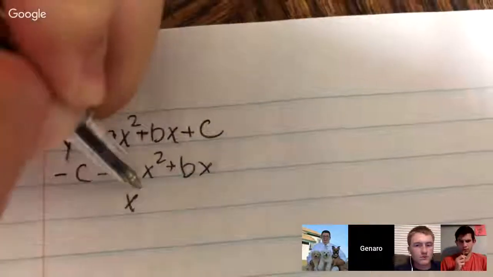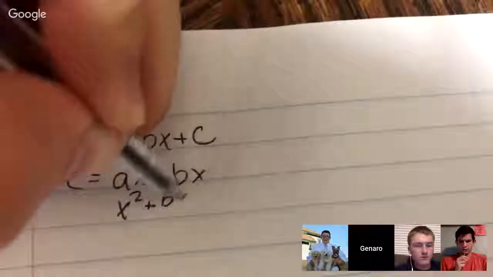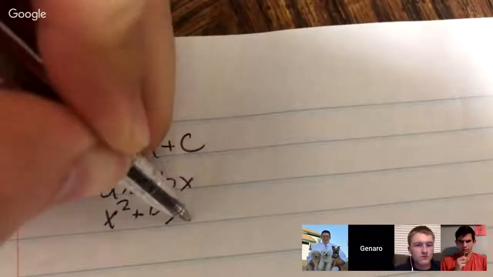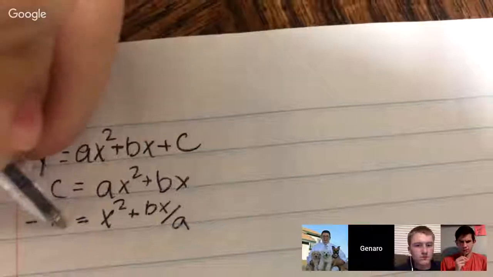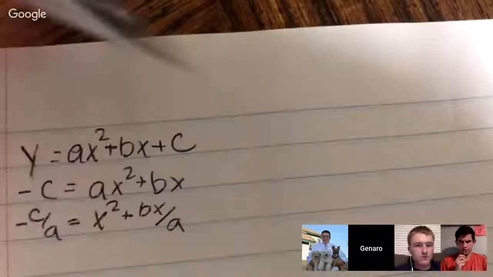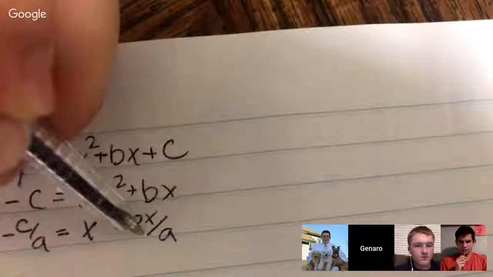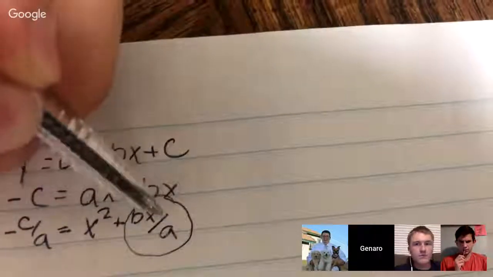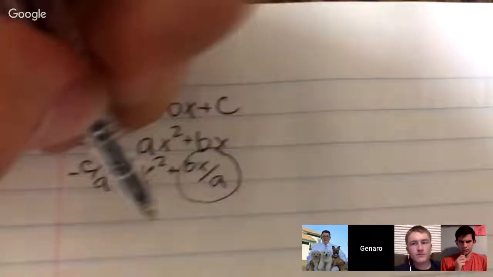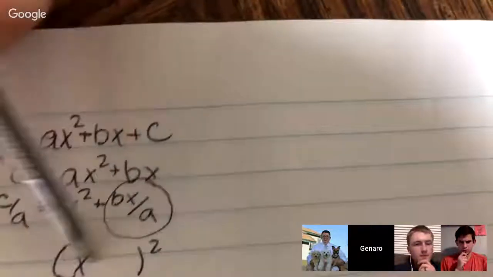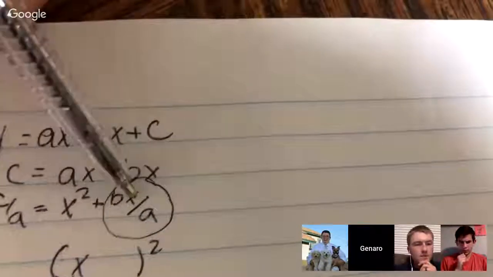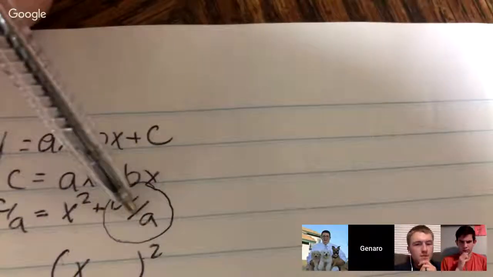So then you get x squared plus bx over a equals negative c over a. And then you would have to divide this right here by 2 so that you can get x plus whatever squared. But to do that, you have to divide this by 2 and then square it to add that to both sides.